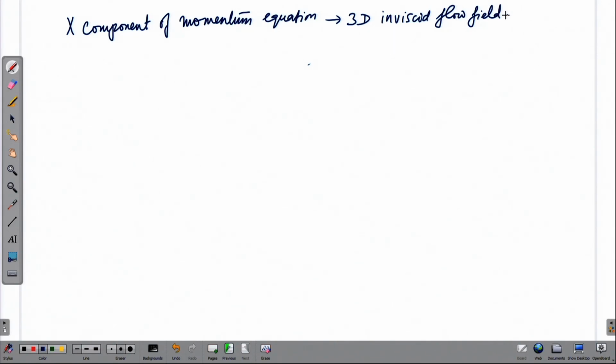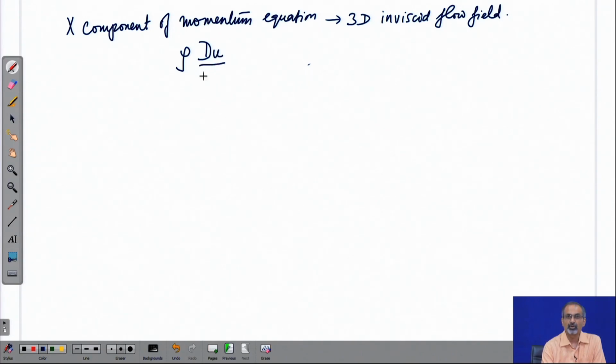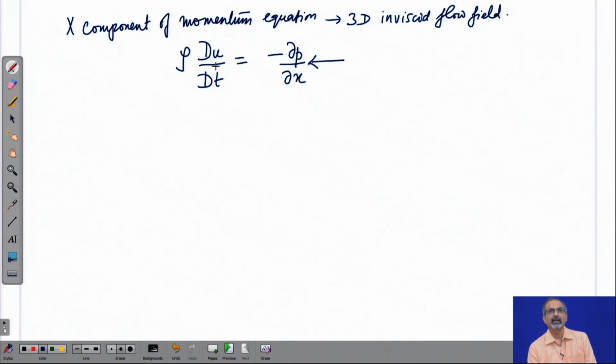So, we will only look at pressure gradient effects, and now viscous effects are also gone, because we are assuming that the Reynolds number is large enough that their effects can be neglected. In such a case, the x component of the momentum equation can be written like this: only the effect of pressure gradient will decide on the acceleration of the flow.